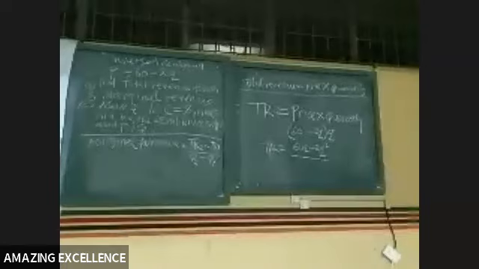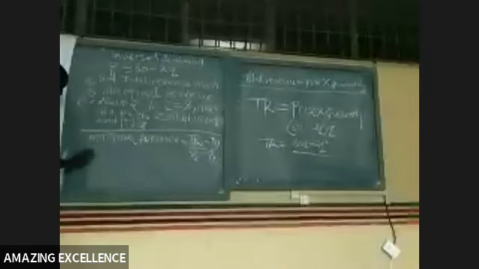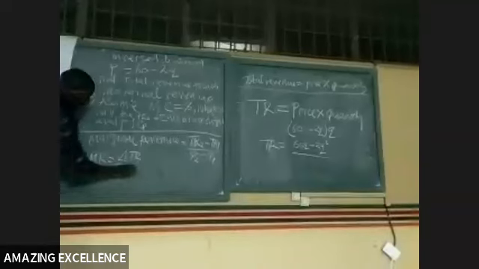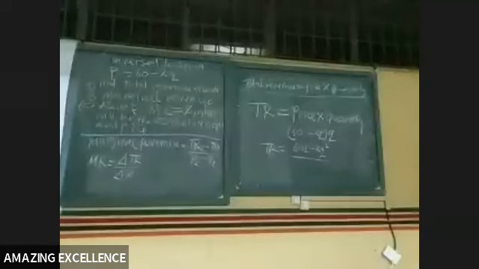But from algebra, marginal revenue, MR, should be equal to the change in total revenue, TR, over the change in output, isn't it?